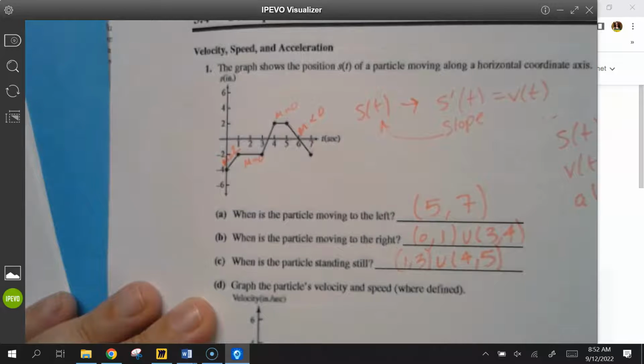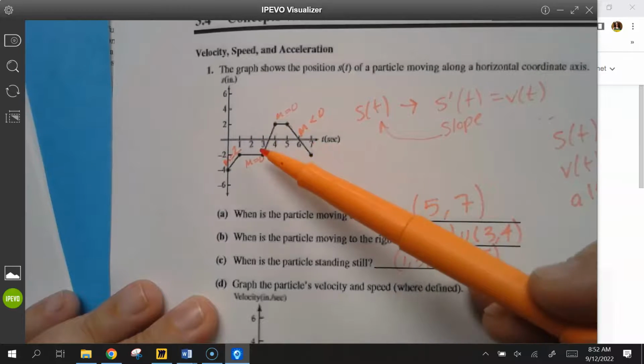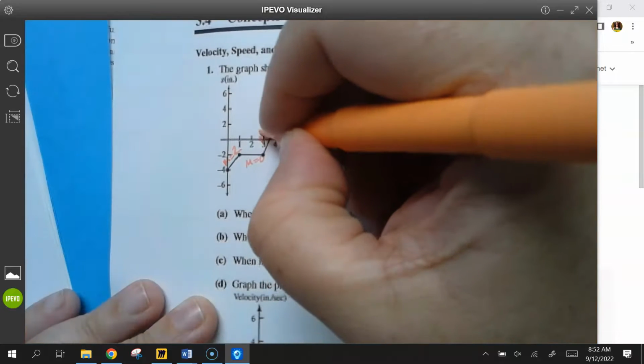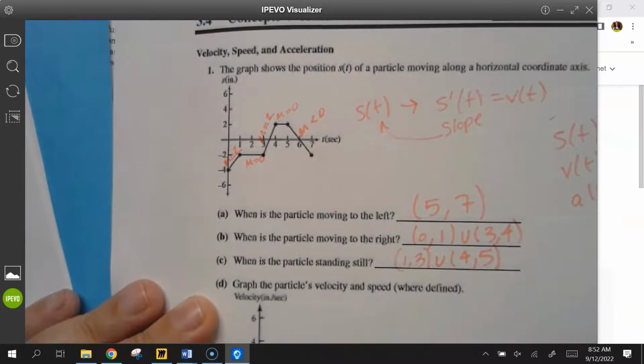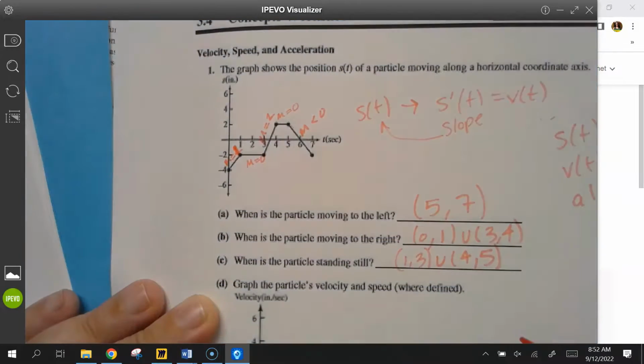Okay, how about the next little segment? What's the slope there? I'm going up 1, 2, and over how many? 1. So what's the slope? 2. Oh, I wrote, sorry.